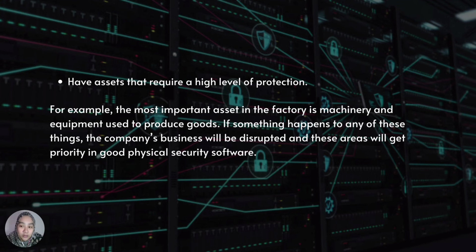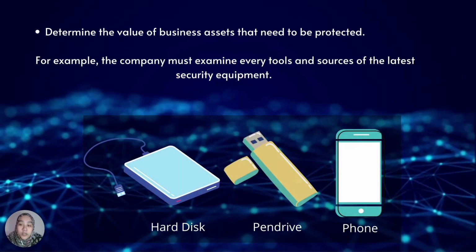On the other hand, the company can hire employees with a high level of education, who know everything and are expected to know about network security, cyber security, and others. Determining the value of business assets that need to be protected.